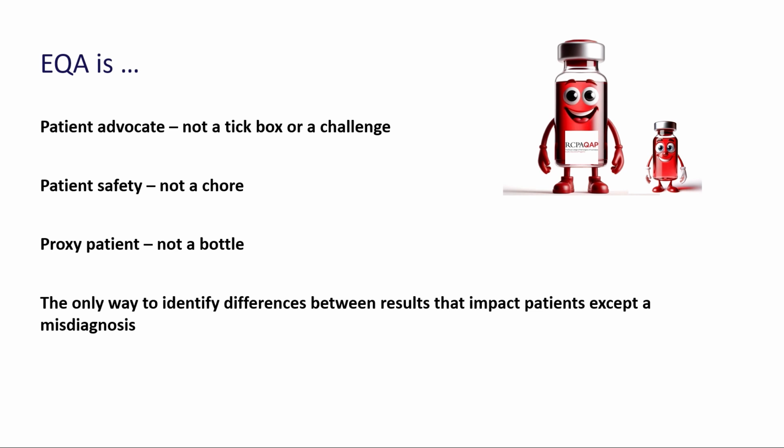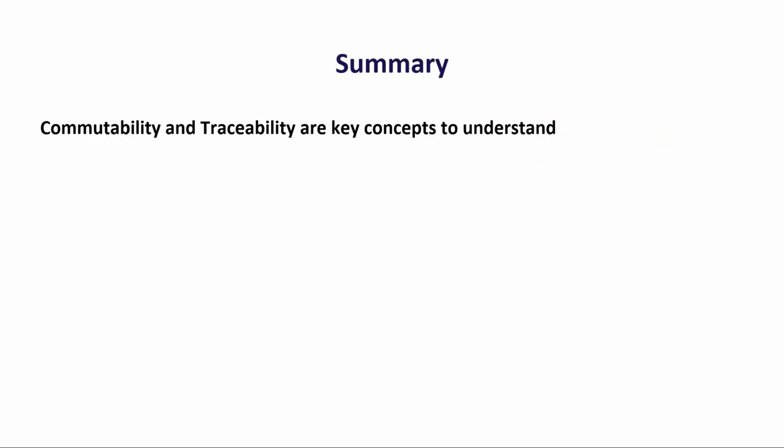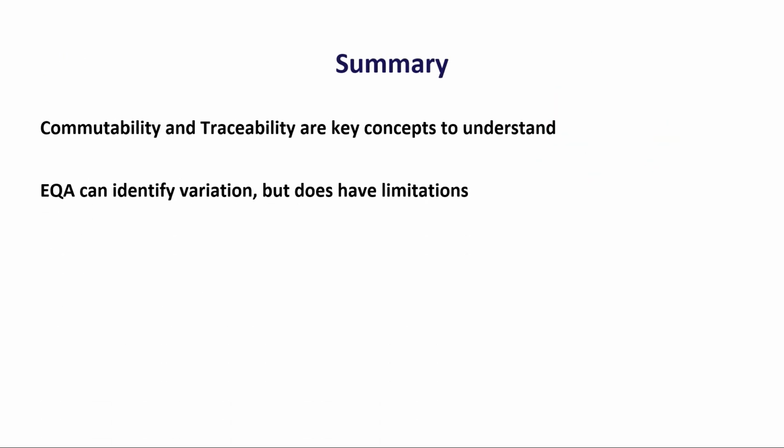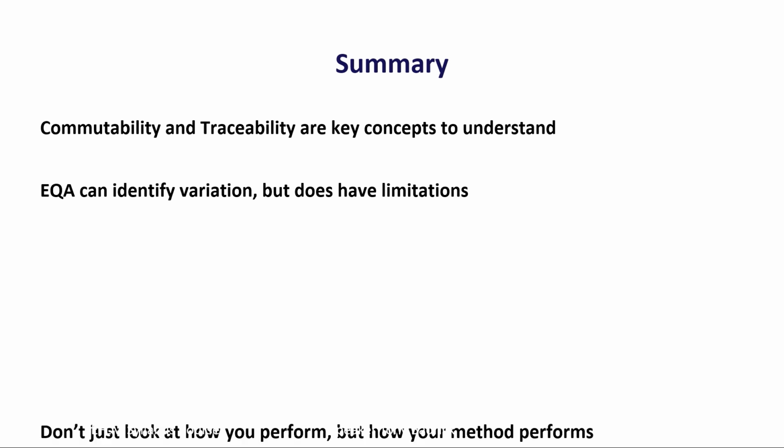So EQA is more than just ticking a box like QC is. EQA is all about trying to find out when patients are going to be affected. It's about risk. So, in summary, commutability and traceability are key components that we need to understand. EQA can identify variation, but it does have limitations. It needs to be commutable.